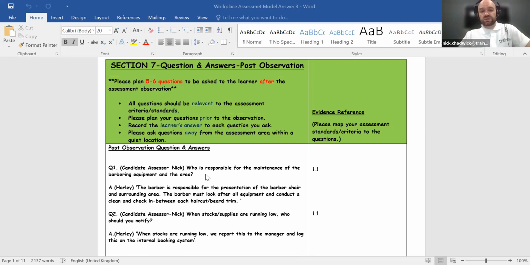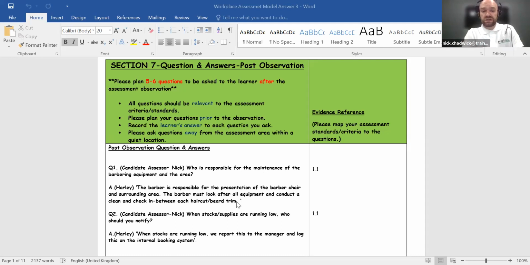So question 1 is, who is responsible for the maintenance of the barbering equipment and the area? And Harley has responded with his answer. So I'm writing the answer, what Harley is describing, word for word. So the barber is responsible for the presentation of the barber chair and surrounding area.